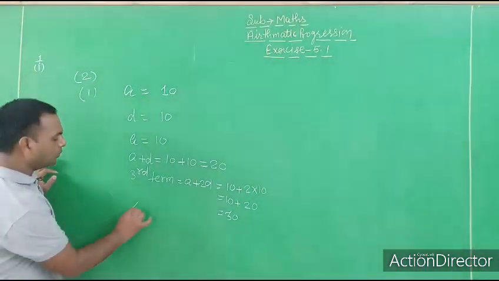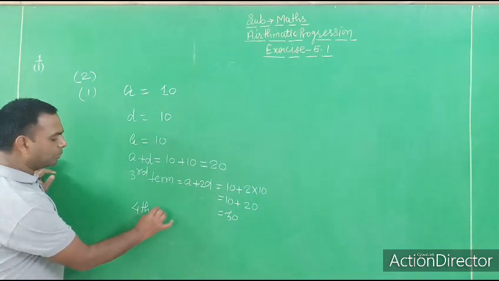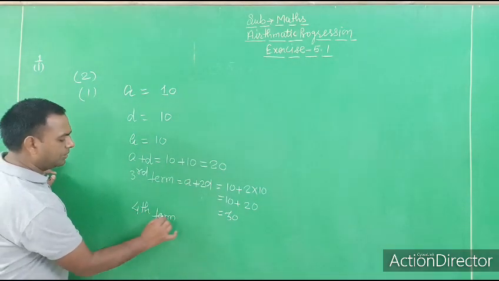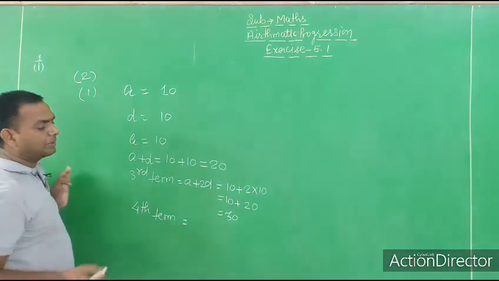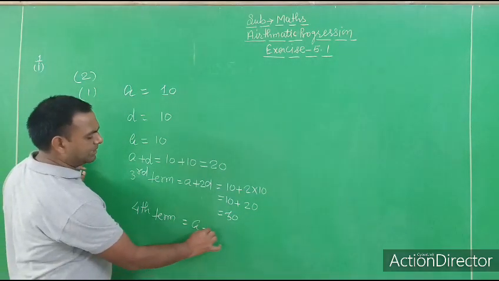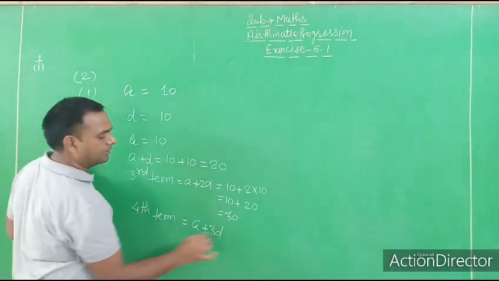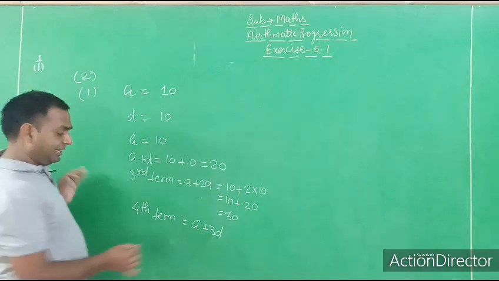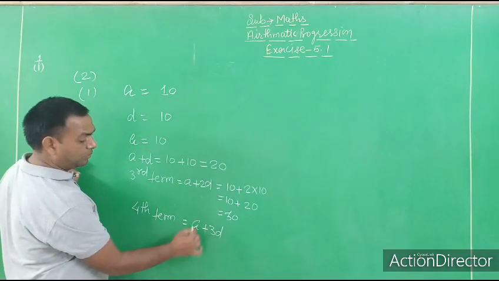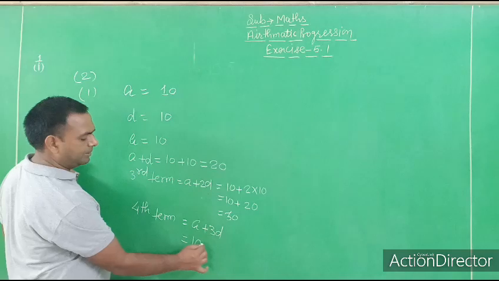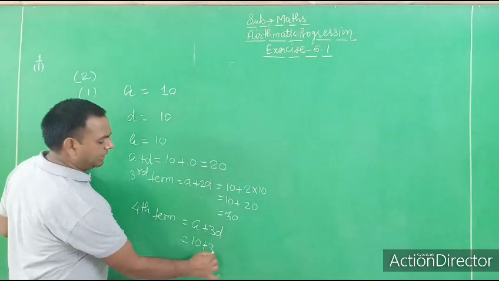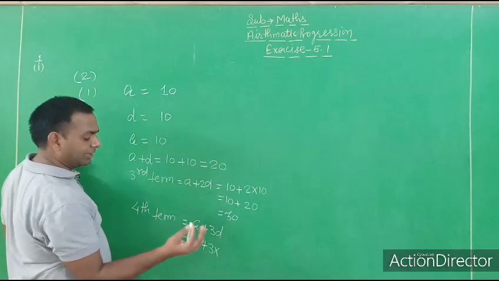Next, the fourth term. In the case of the fourth term, you write a plus 3d. A plus 3d means a is 10, and 3 times the value of d, which is also 10.